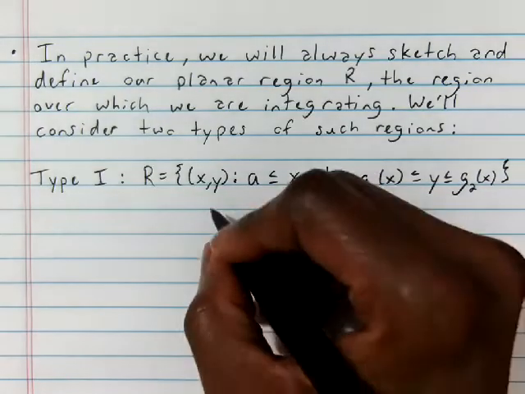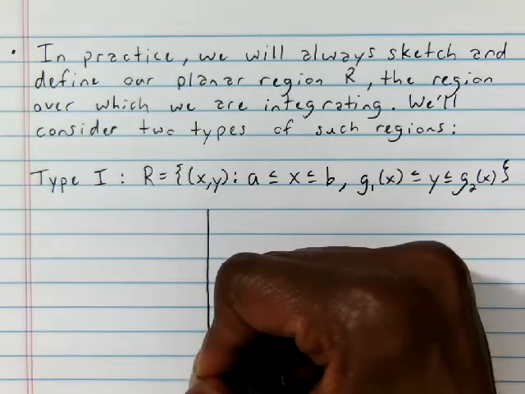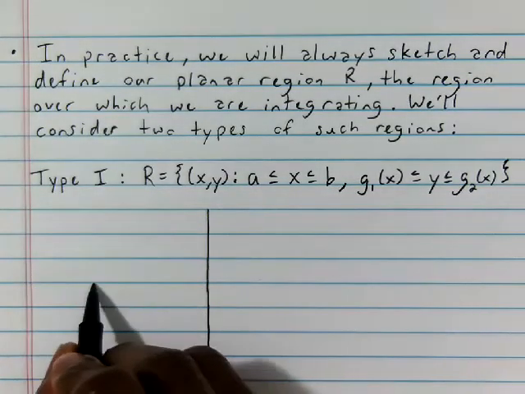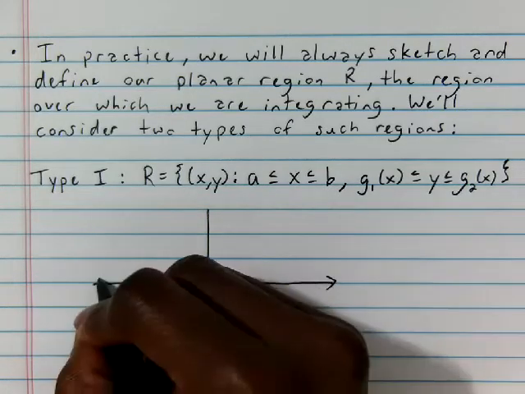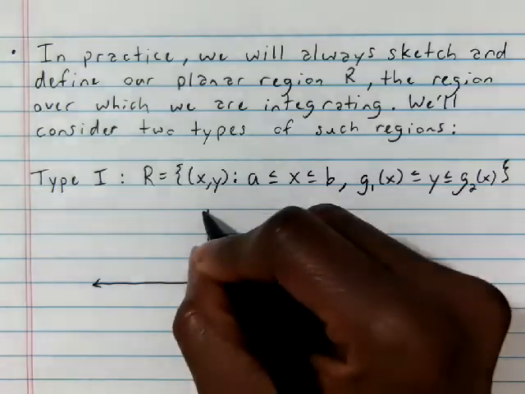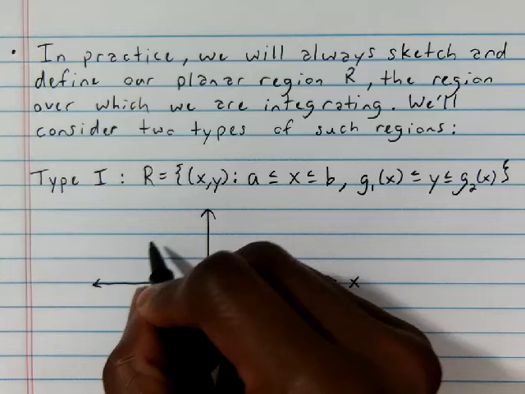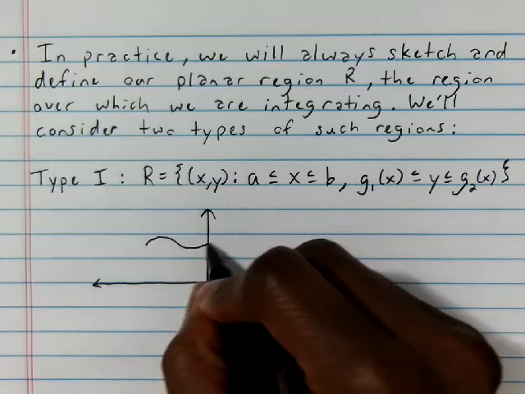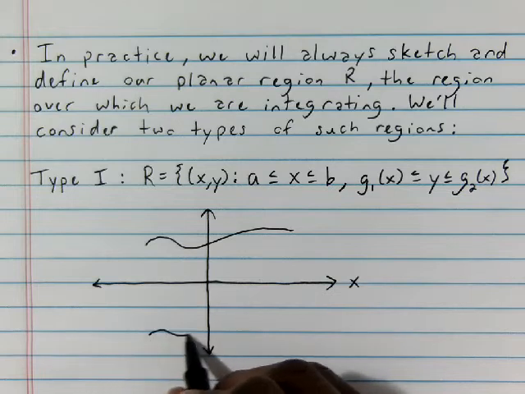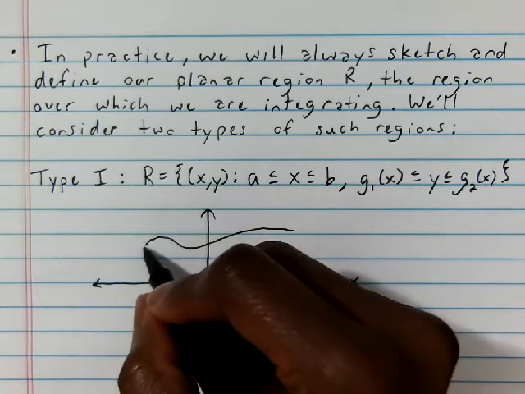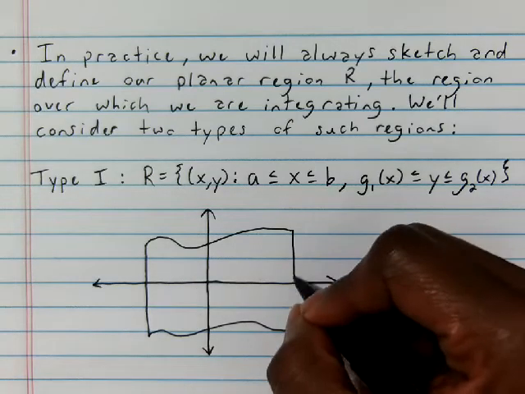Now what does a type 1 region look like? A type 1 region is going to be a region that looks exactly as described here. So you're going from function to function in the y direction. You can sketch whatever continuous function you want at the top and at the bottom. Now you need to have a vertical line at the left and a vertical line at the right.